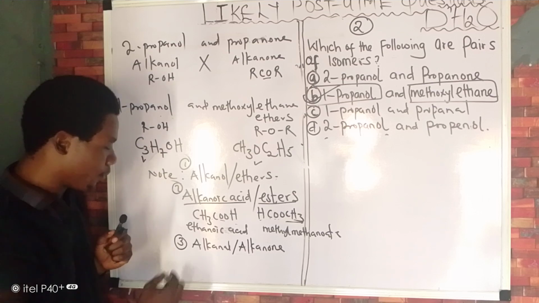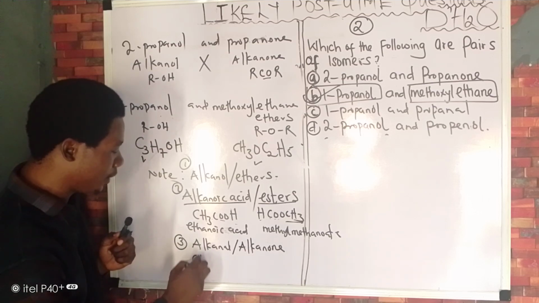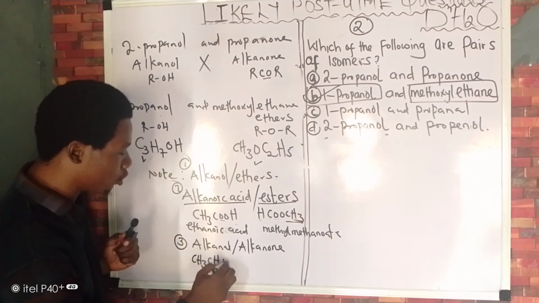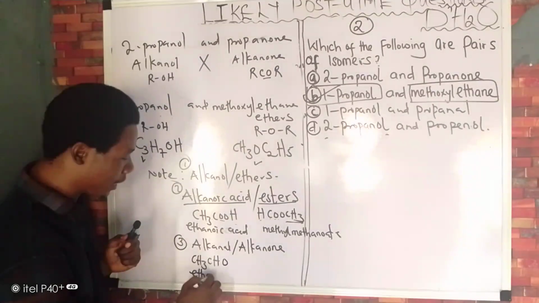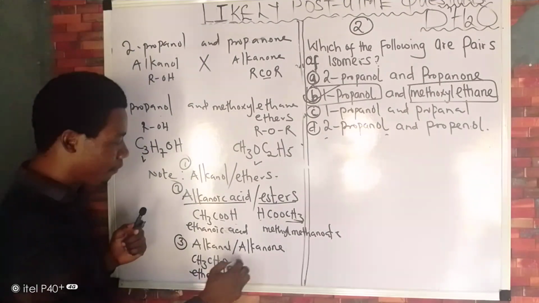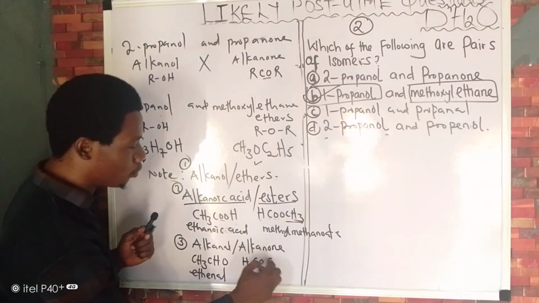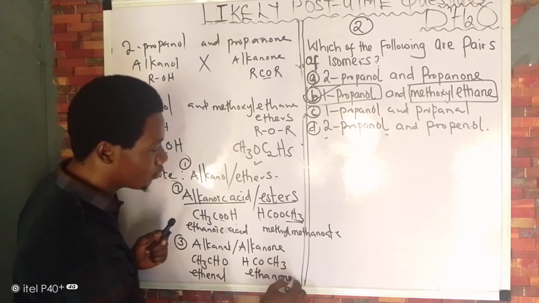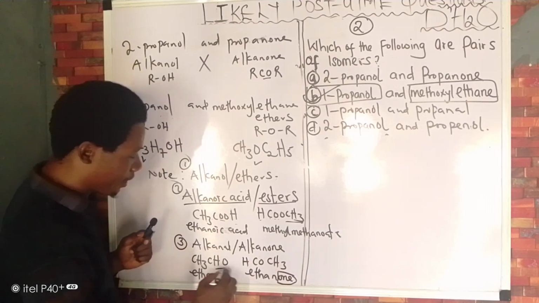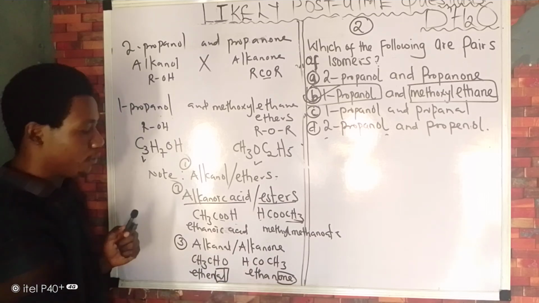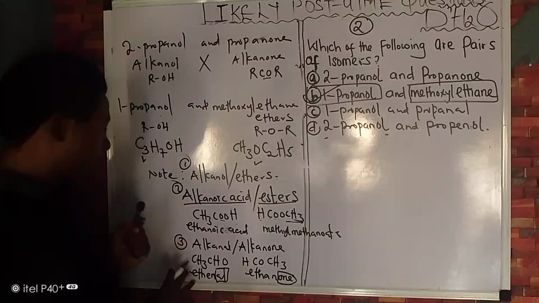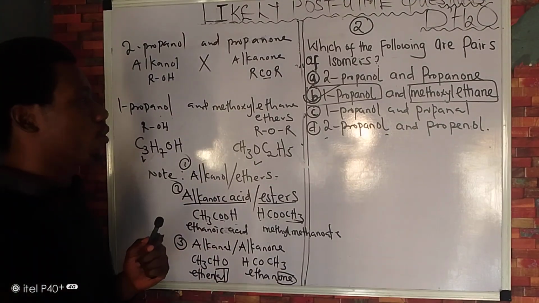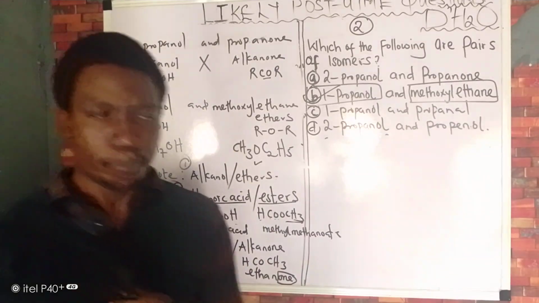I'll give you an example. If you have CH3CHO, it's called ethanal. But if you have HCOCH3, it's called ethanone. So you see the one and you see the R. If you watch very well, they have the same formula. So these are functional group isomers. So the answer to this question is option B.